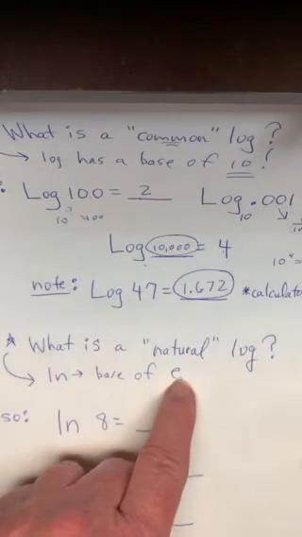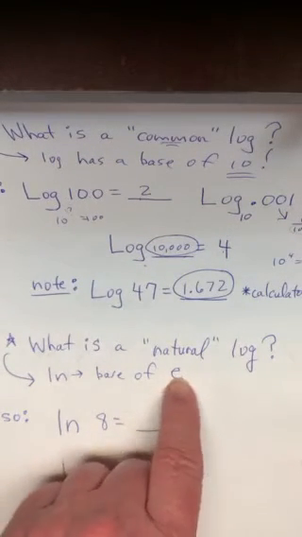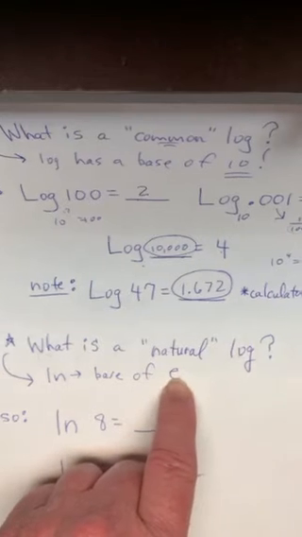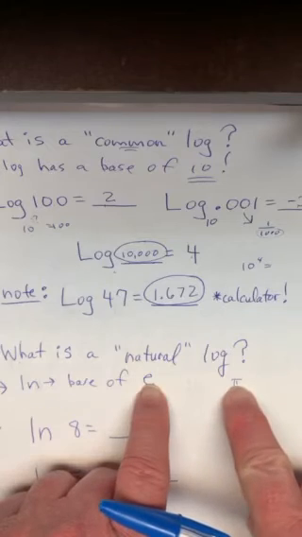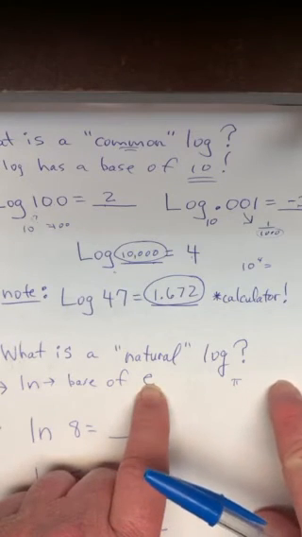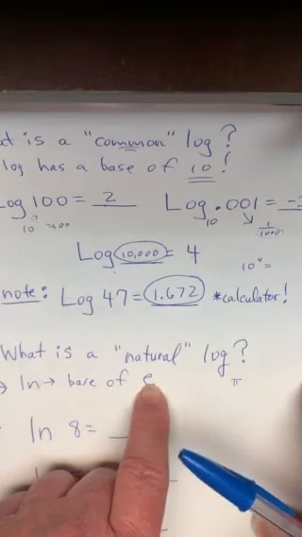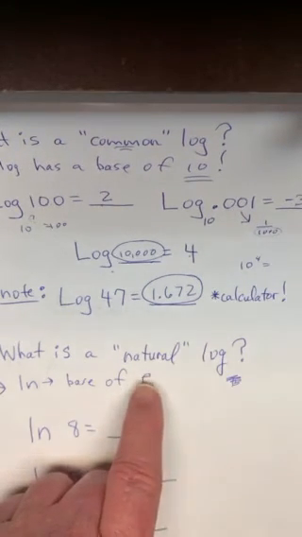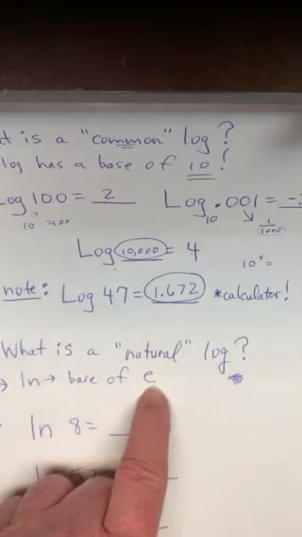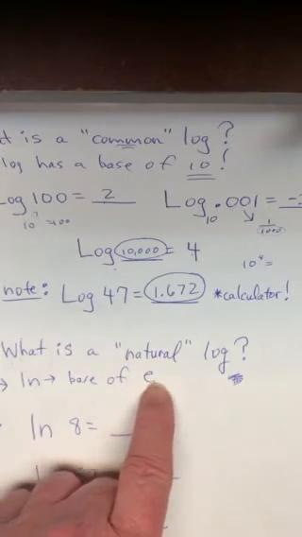Now, E is a symbol in math very similar to the symbol pi. Remember when I told you what is pi? You originally learned that pi was 3.14, blah, blah, blah, blah, and it was a big, long, irrational number. Okay? E is a big, long, irrational number that was developed to use in natural logarithms.